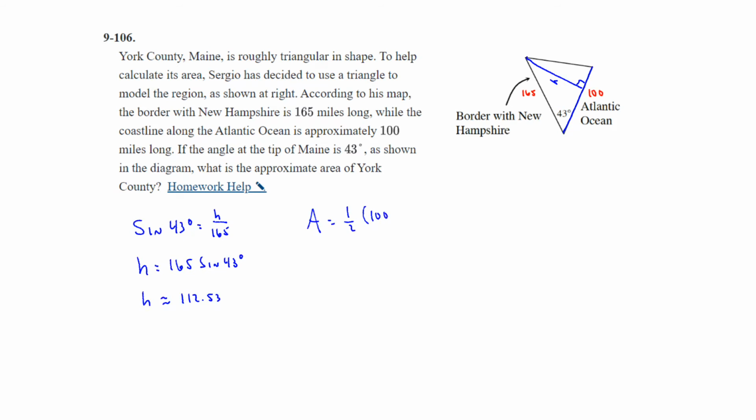Base is 100 times the height, which is 112.53. Now you should still have that one in your calculator, so just leave it as 112.5297, whatever, because that'll give you a more accurate answer. So if you multiply that by 100 or by 50, if you already multiplied it by 1/2, that will get you your answer. So the area is approximately 5,626, and we'll just go with 0.5 miles squared.